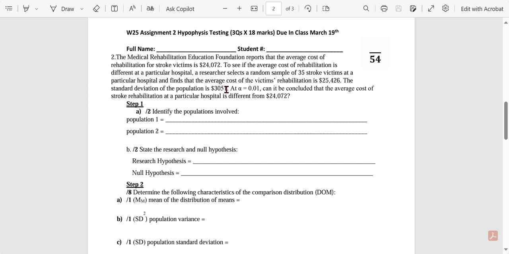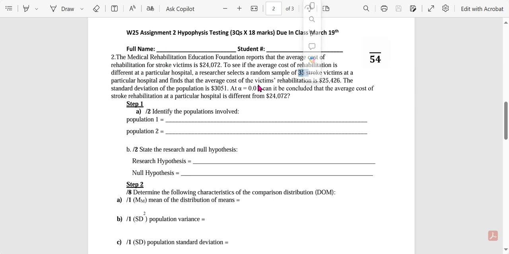The standard deviation of the population is $3,051. At a 99% confidence, can it be concluded that the average cost of stroke rehabilitation at a particular hospital is different?